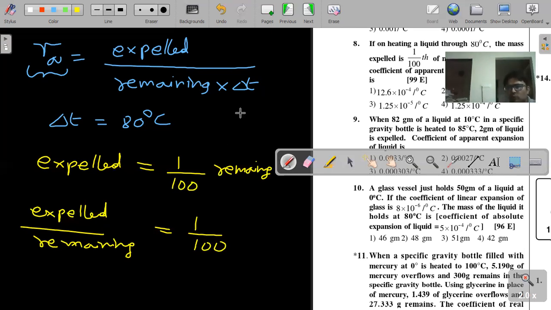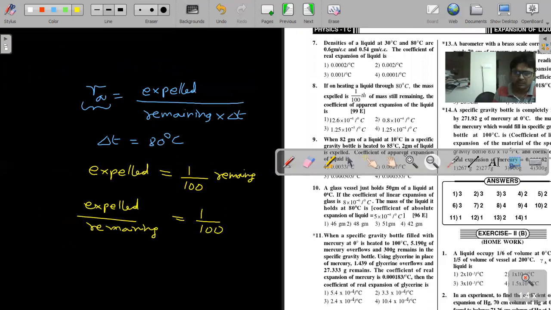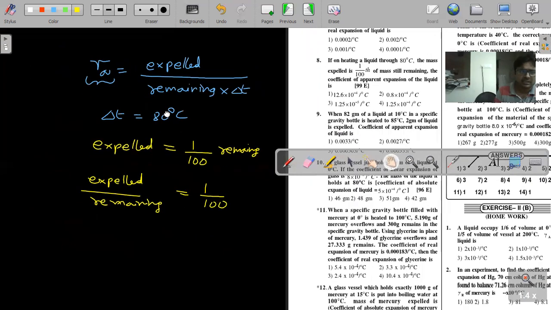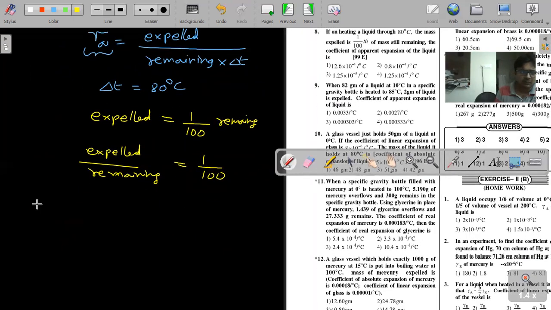Now after this information, expelled by remaining, we got 1 by 100. Then just substitute this data into the above formula and check what answer we are getting.